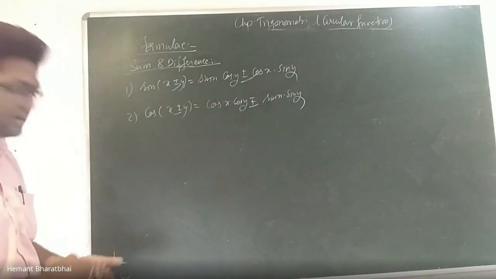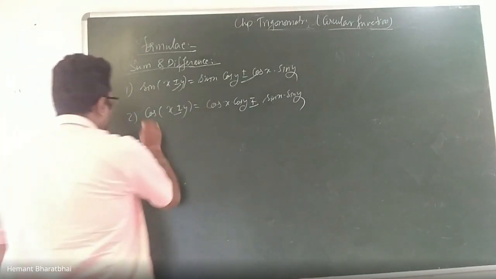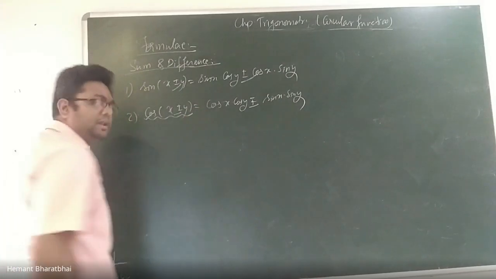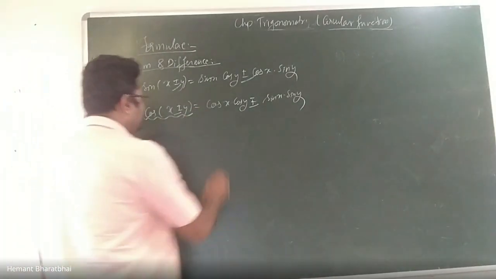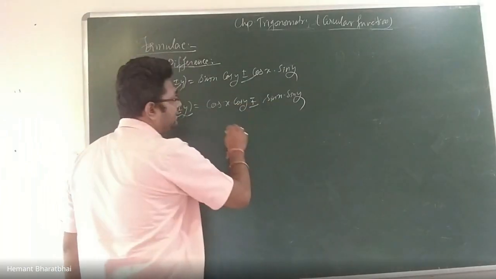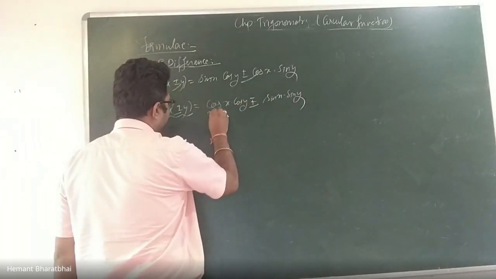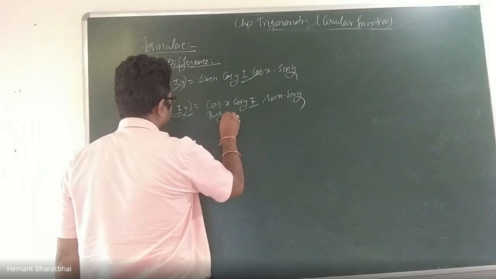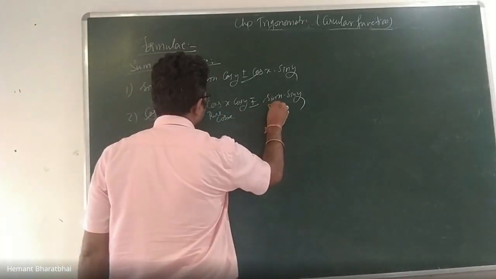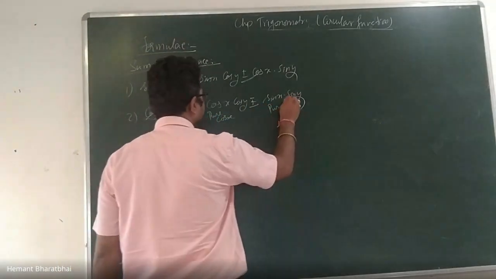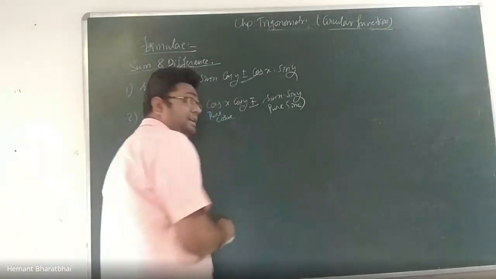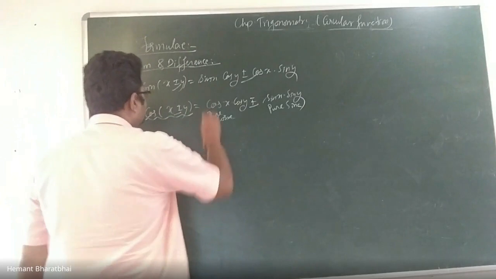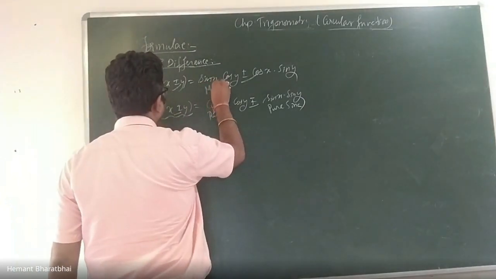One more very important thing which you should always remember, which will help you in the next formula also, is that the cos formula will always have pure sine terms or pure cosine terms, and my sine formula will always have mixed terms.